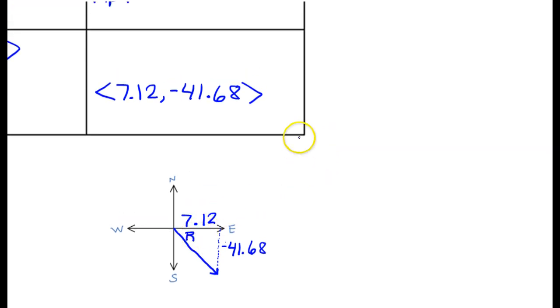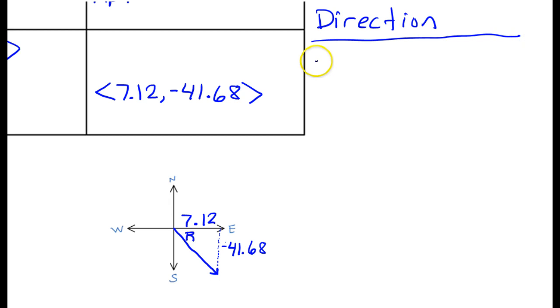I can calculate the direction this way. I'm going to start off by finding the reference angle using the tangent function. The tangent of the reference angle is opposite over adjacent. So that's going to be 41.68 over 7.12.